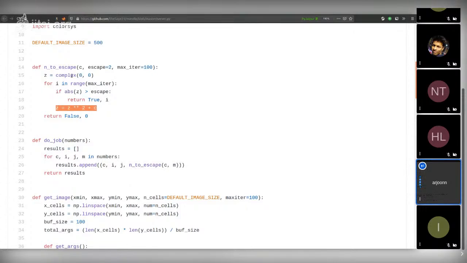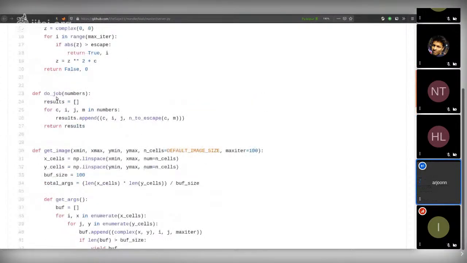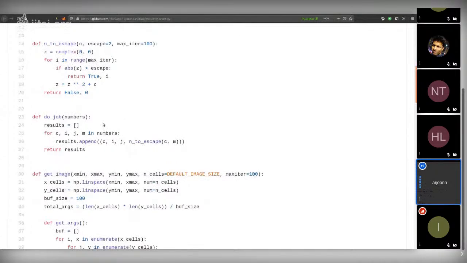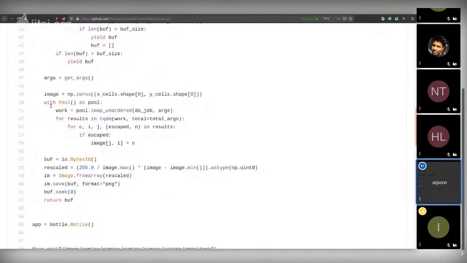You start at 0, and you square it and you add c, square it and you add c again and again, right? And then for each complex number having x and y components, you say has it escaped or not, right? And then you plot it on an image, did it escape or not.